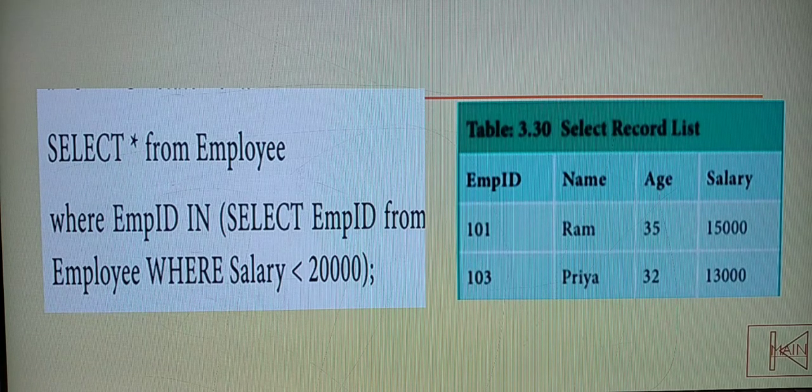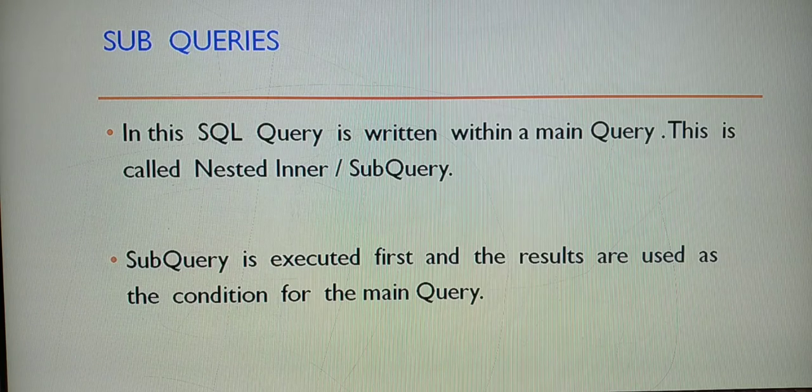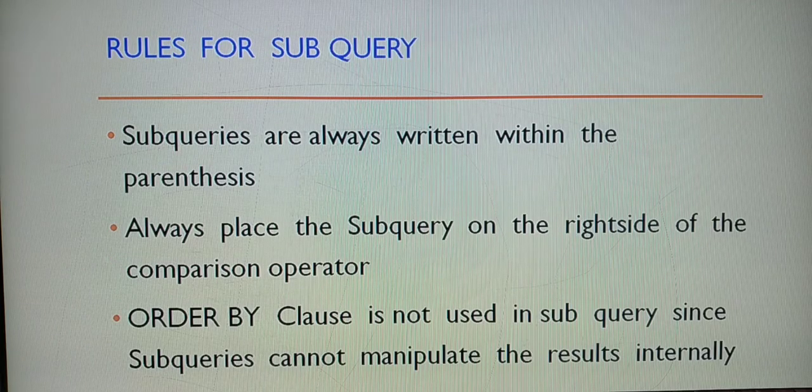What else have we discussed? I repeat it again for you. A subquery is nothing but a query written within the main query. It is also called a nested query, inner query or subquery. The subquery is executed first and based upon its results the main query is executed. You have 3 rules for subqueries.